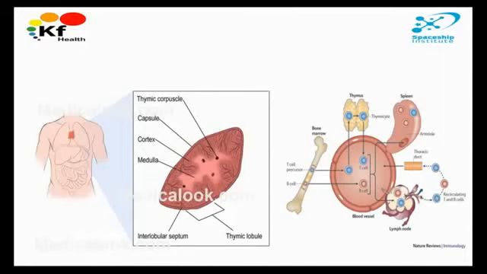In the thymus starts the maturation of the cells, and they differentiate into B and T. B is stored in the outer part of the thymus, T is stored in the inner part of the thymus.